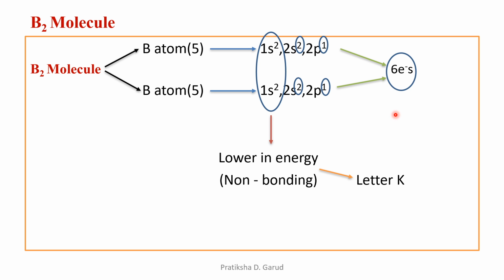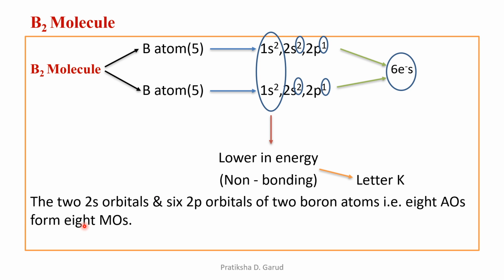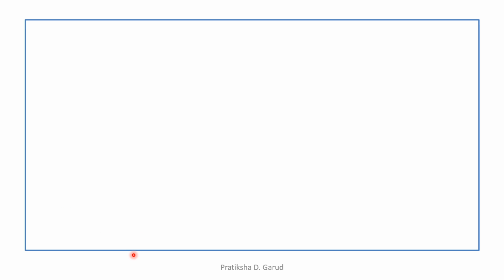So we can say that there are two 2s atomic orbitals and six 2p atomic orbitals, the 2s and the 2p of two boron atoms. That means there are a total of 2 plus 6, 8 atomic orbitals, and as there are 8 atomic orbitals, there should be the formation of 8 molecular orbitals.